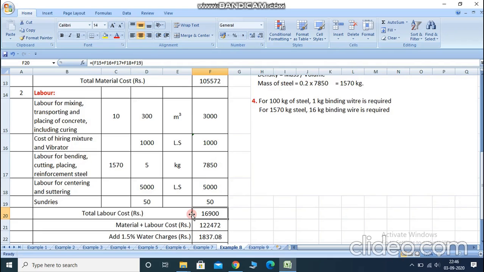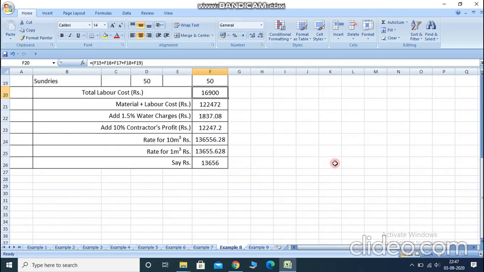Now the summation of material plus labor cost. Material cost is 1,05,572 rupees plus 16,900, so the total cost is 1,22,472 rupees. Clear?